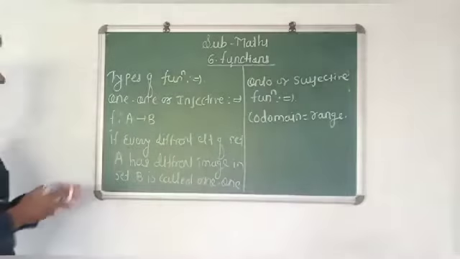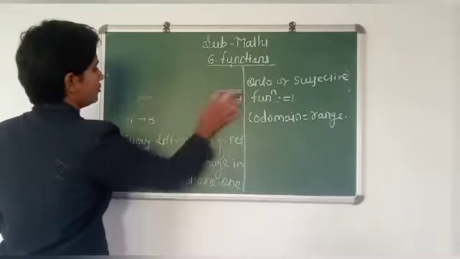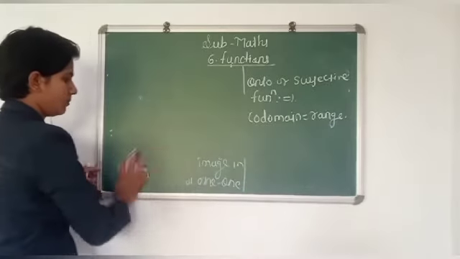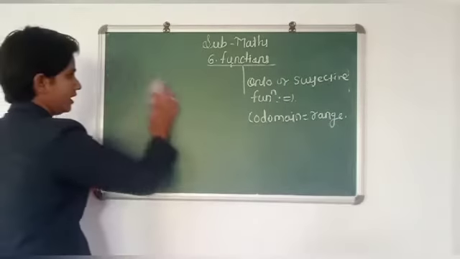To identify whether the given function is one-one or onto, in the first example, suppose set A and set B each contain 4 elements.